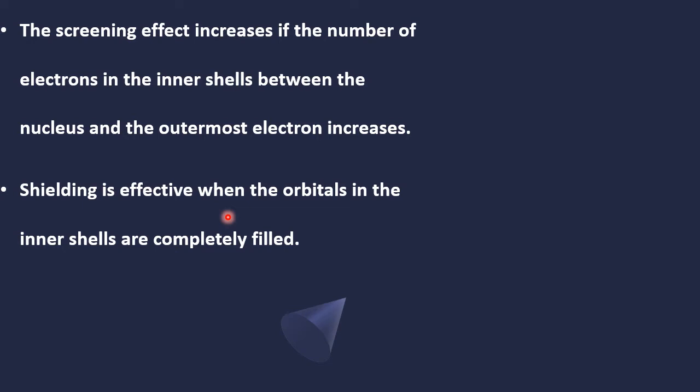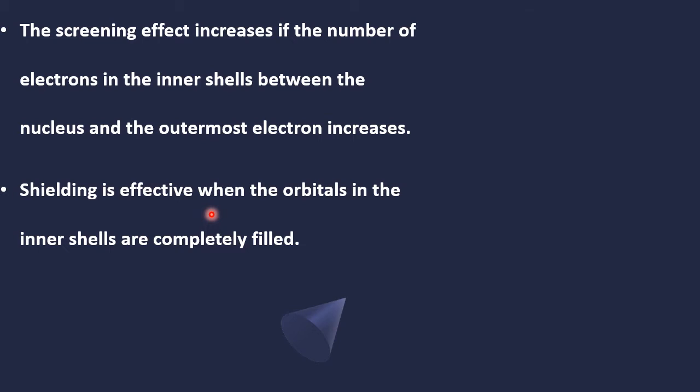Because they are completely filled, they shield maximum. That means they protect from the nucleus. The nucleus will not drag the outer electron if the inner electronic configuration is completely filled. So it is very easy to remove the electron in this case.